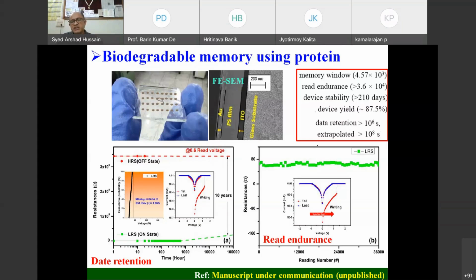So in the near future, e-waste is a tremendous problem people will face. So in this respect also, biodegradable memory can be a good solution, where your material is biodegradable and will lead to very few environmental problems. So this work is under communication.